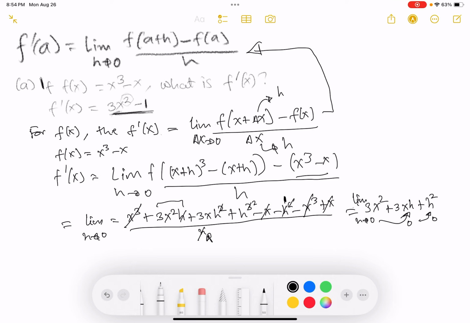So this is minus 1. So here you'd get something that results in 3x squared, this goes to 0, that goes to 0, minus 1 as your final answer, which is equivalent to what we got earlier by just going the direct route. Thank you.